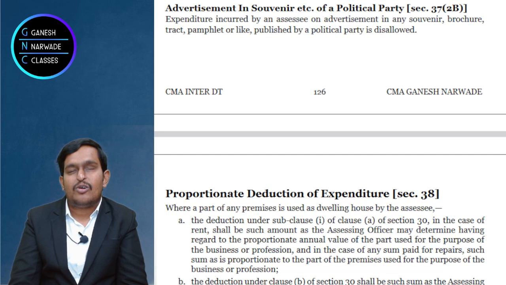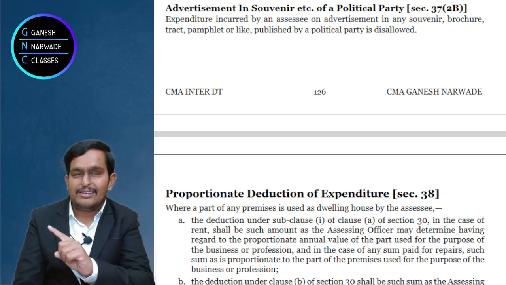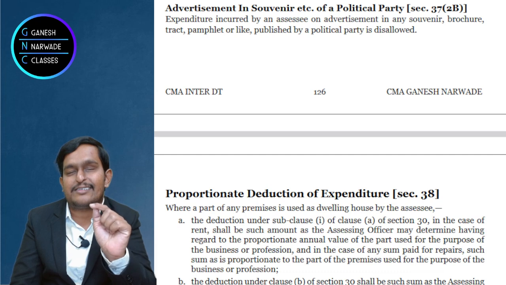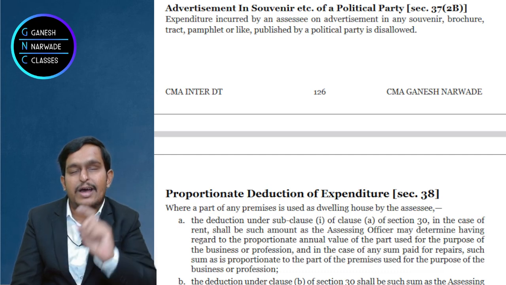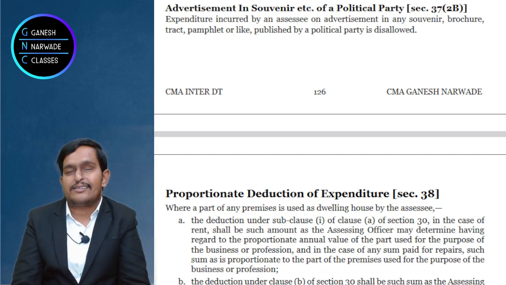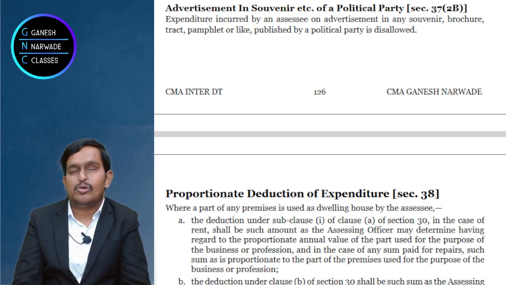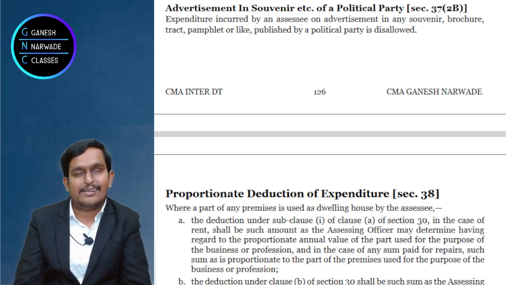If it is other than a company, like an individual business or partnership business, then 80GGC. They will get deduction there. That's why it is not allowed as deduction. Advertisement in political party souvenirs is not allowed as deduction under section 37(2B), but allowed under 80GGB and 80GGC. GGB for companies, GGC for other assessees.